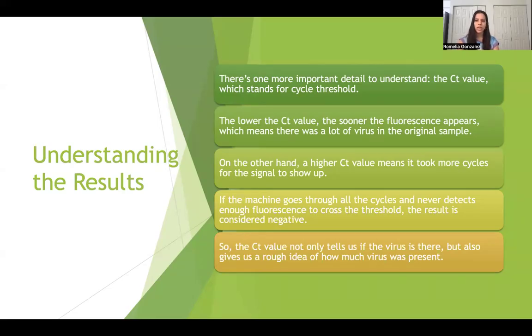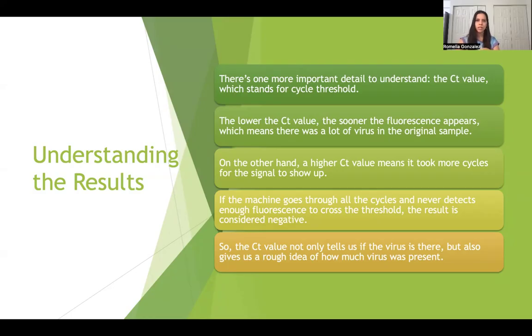But if we have a very high CT value, it means that it takes a lot of cycles in order to see any fluorescent dye. If the machine goes through all the cycles and never detects any fluorescence, then we will consider that a negative result. So the CT value not only tells us whether we are positive or negative for the virus, but also gives us a rough idea of how much virus we have inside the sample.